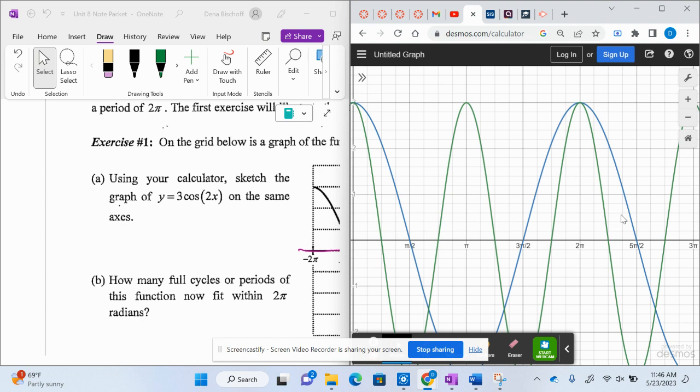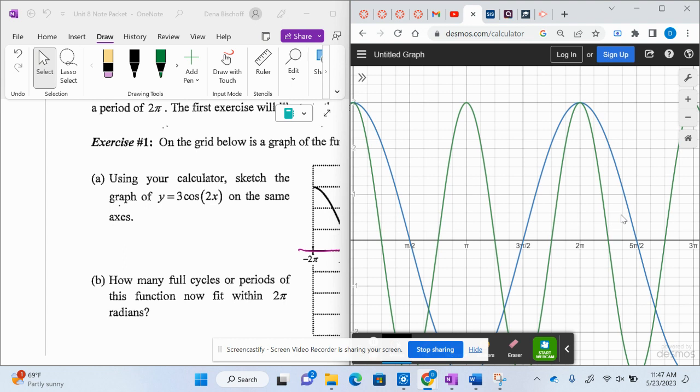So that means that this number tells you how many cycles fit in every 2 pi, right? So that's the same thing as saying the frequency. This is the frequency.